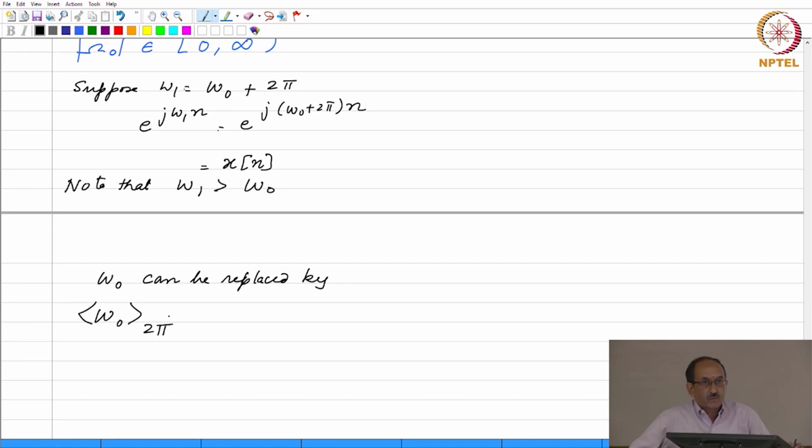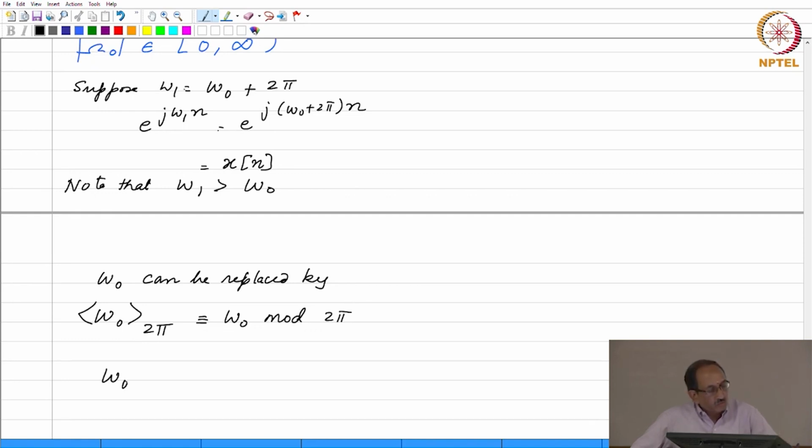So this is a symbol we are going to use in this context. Now what we are going to do is keep on increasing omega naught, and we see that omega naught and omega naught plus 2 pi will yield the identical signal.